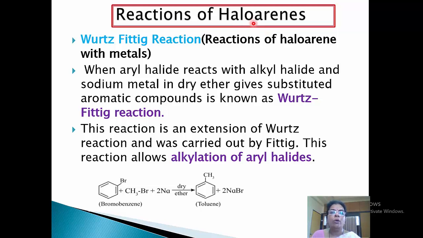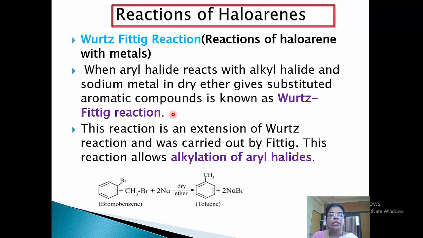These are known as haloarenes, in which the first reaction we are going to see is the Wurtz-Fittig reaction, that is reaction of haloarenes with metals. Now when aryl halides react with alkyl halides and sodium metal in dry ether, giving a substituted aromatic compound, it is known as the Wurtz-Fittig reaction.